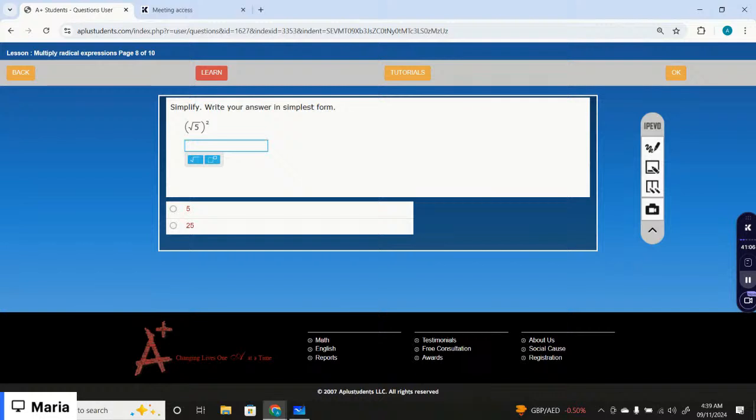Square root 5 square. Option number 1 is the correct option. Okay, you can complete the lesson by yourself later today.